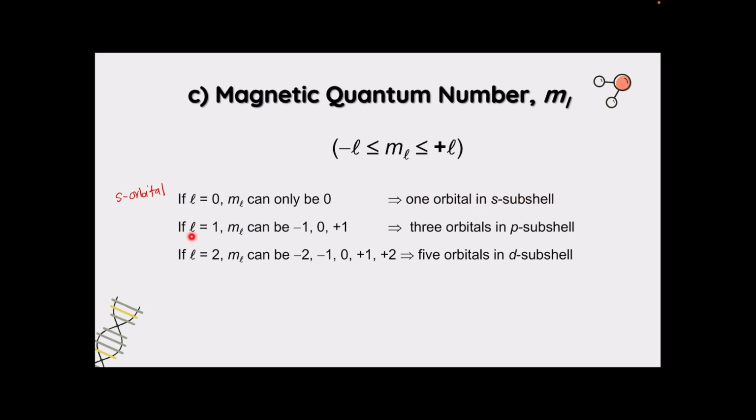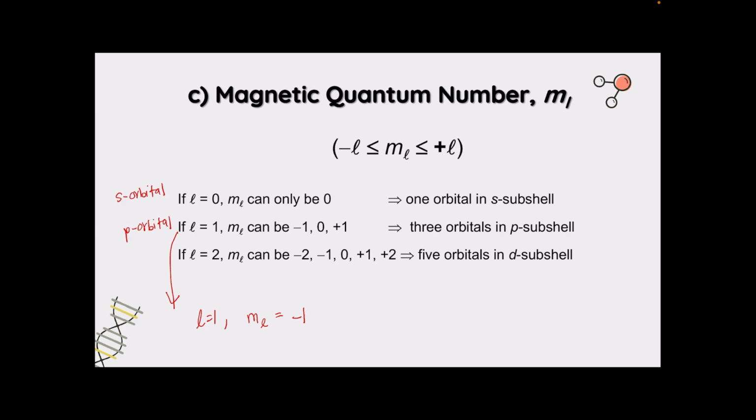And if L equals to 1, L equals to 1 is referring to P orbital. So for L equals to 1, ML can take the value from negative L until plus L. Okay, so how to find the value? For L equals to 1, the ML value will take the value from negative 1 until plus 1.